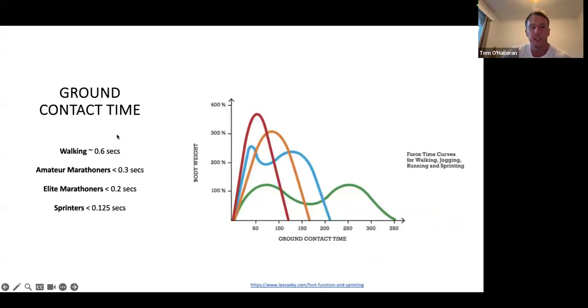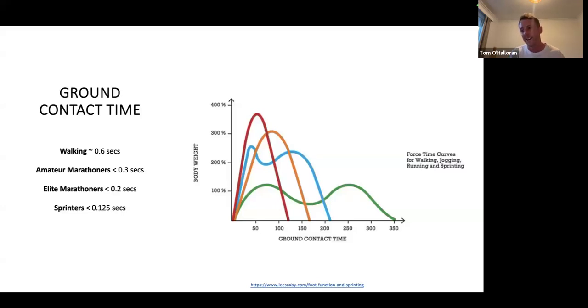So as I mentioned, ground contact time is huge, and we need to understand this to understand our reactive strength testing. So an amateur marathoner may spend 0.3 of a second in contact with the ground, and this is the time period they have to absorb force and then produce force. So our rate at which we can develop force, basically force being how hard we can push into the ground in this minute period of time, is termed power.